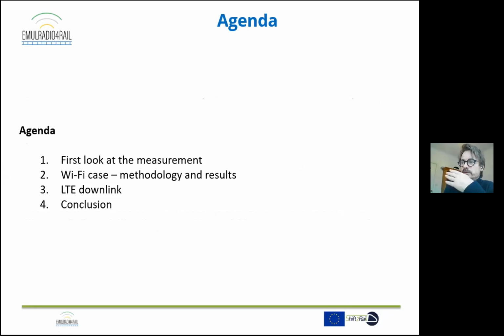So I will follow this plan. I will first have a look at the measurements, just to explain a little bit what I see in them. Then I will study the Wi-Fi case in more detail. And I will show that the methodology we have for Wi-Fi is also applicable to LTE. And I will conclude this talk, keeping to time.